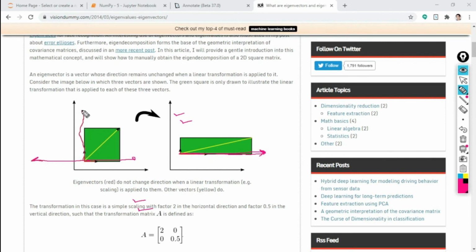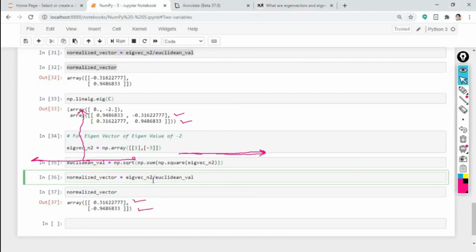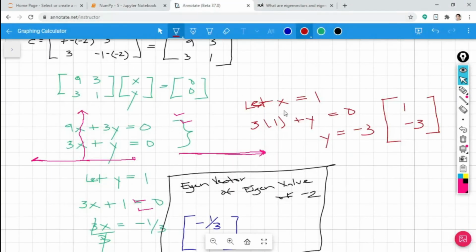So although the result of NumPy has a different sign, according to your manual computation, this is also a valid eigenvector for the eigenvalue of 2.